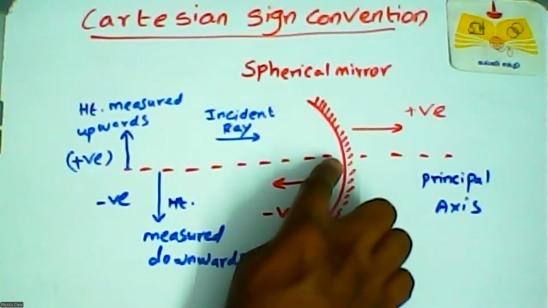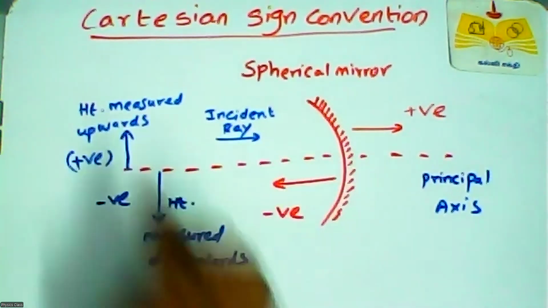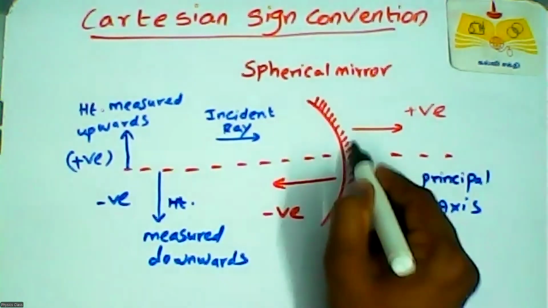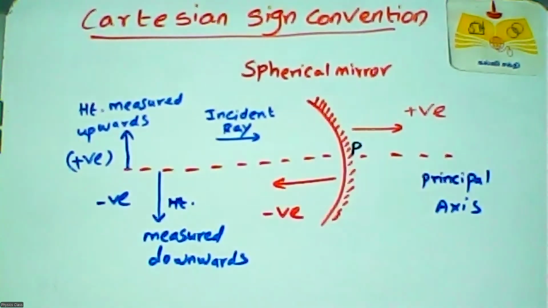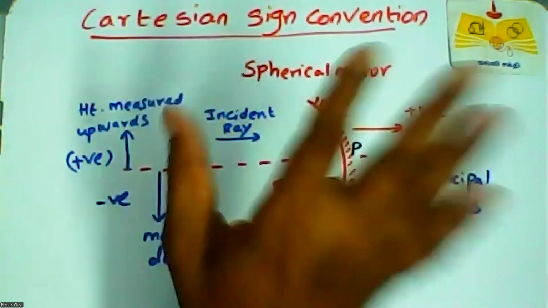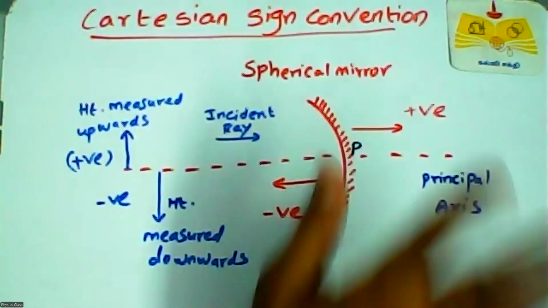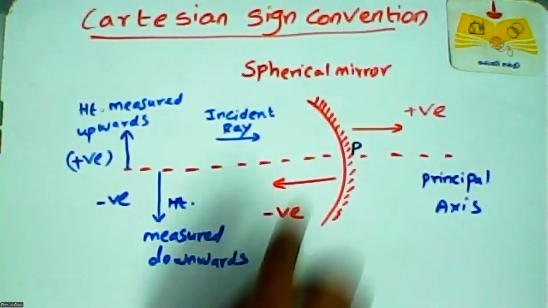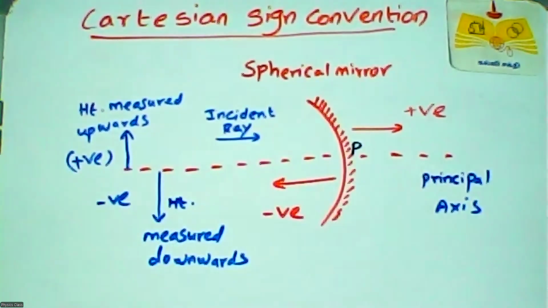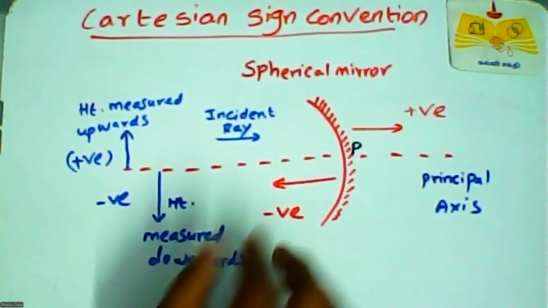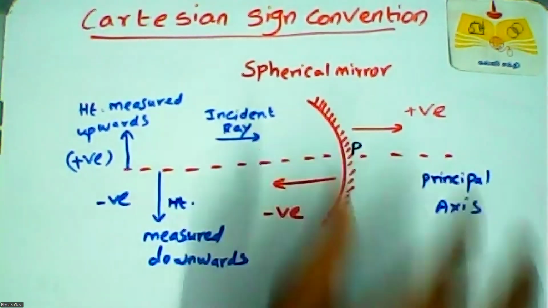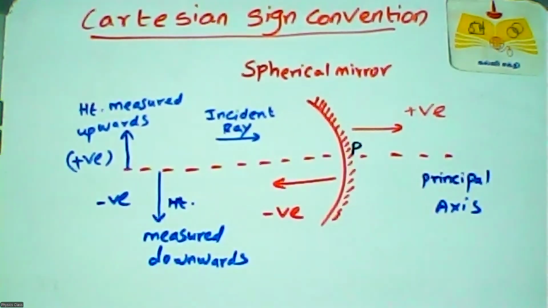We have to measure distance from this position, which is called P, the pole. All distances are measured from the pole of the spherical mirror. So the pole is the reference point, the origin, the starting point. Clear?